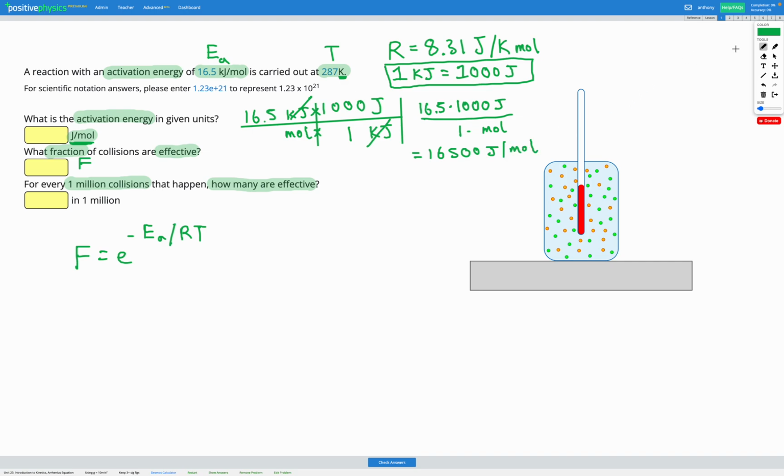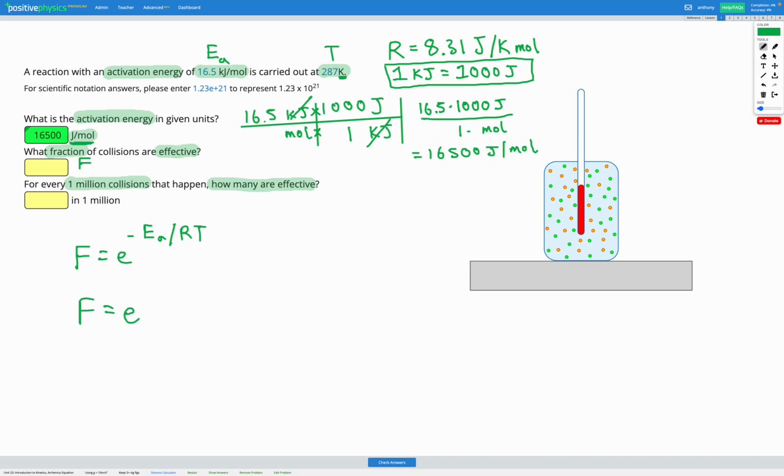So that's our first step, finding our activation energy in joules per mole, 16,500. So now we've got everything in the right units because we've got joules per mole for activation energy, Kelvin for temperature, and joules per Kelvin mole for R. We're ready to put those things into our equation to find the fraction of effective collisions. So let's go ahead and do that.